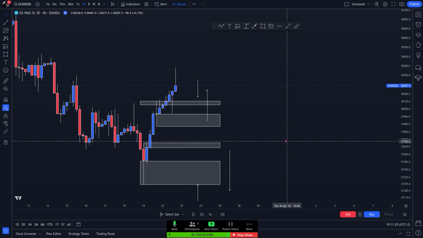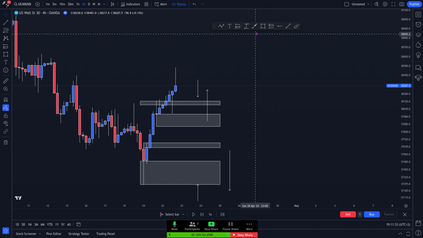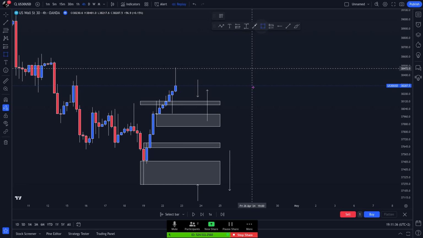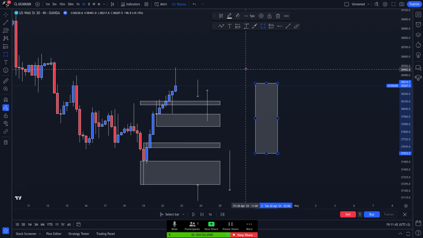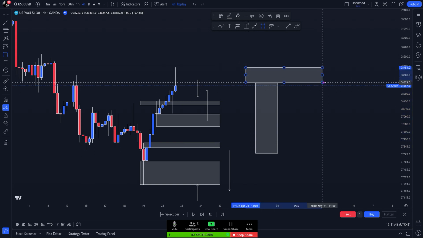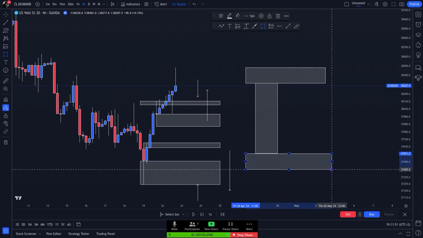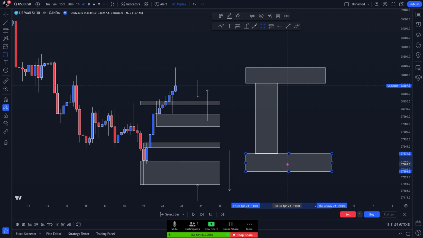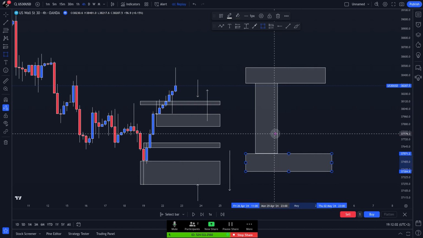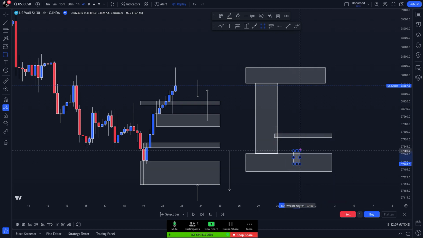Why do we have minor zones? Minor zones allow us to take earlier entries. Why do I say that? If we have a daily time frame like this, and then we have major zones here and here, we can look: if price does come back here and retest and start pushing up, and we have a minor zone here, we can take the first entry from the major zone, boom.